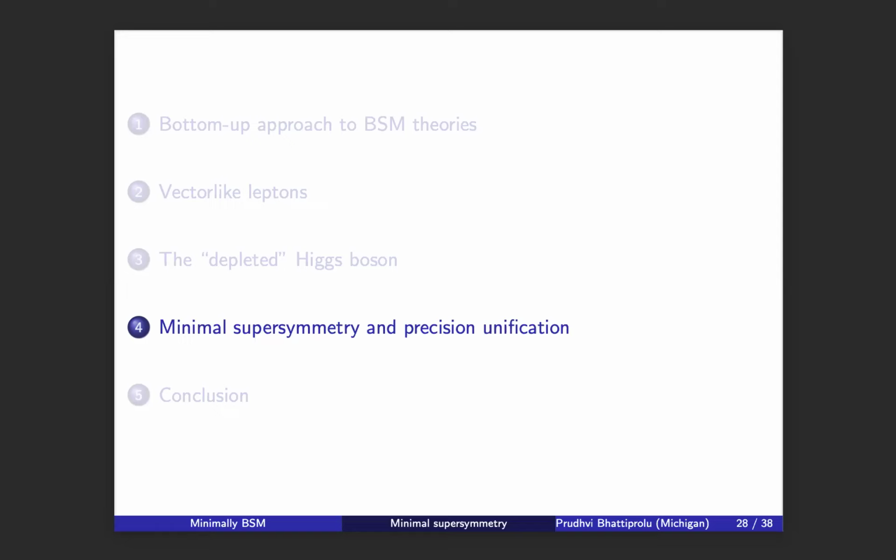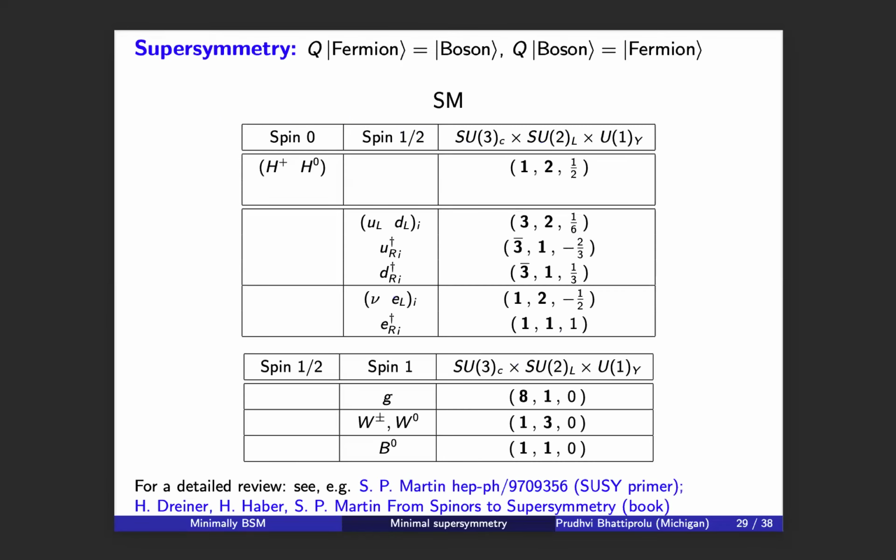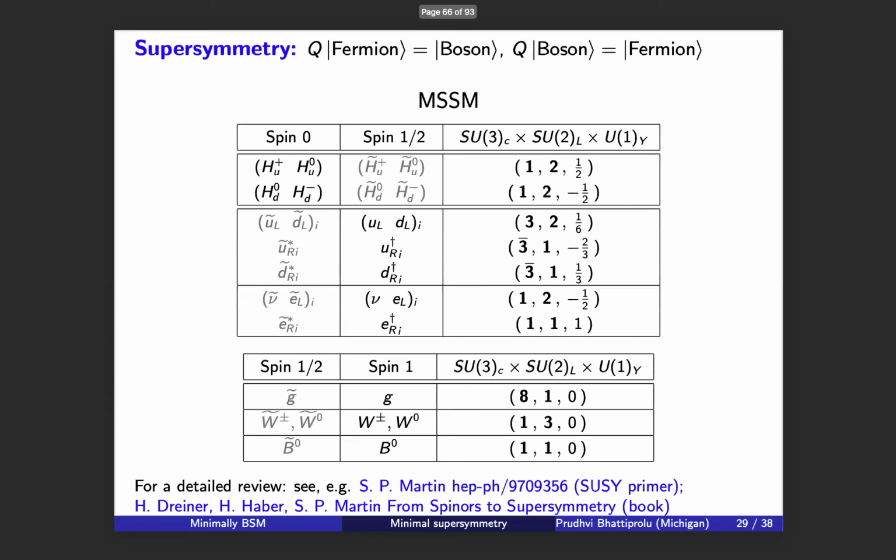Okay, so finally, I'll move on to supersymmetry and talk about the implications of precision unification on the superparticle masses. So what is supersymmetry? It's a symmetry that takes a fermion to a boson and a boson to a fermion, and that essentially doubles the particle content of the standard model. So this is the standard model particle content, and if I add supersymmetry, then I have the superpartners.